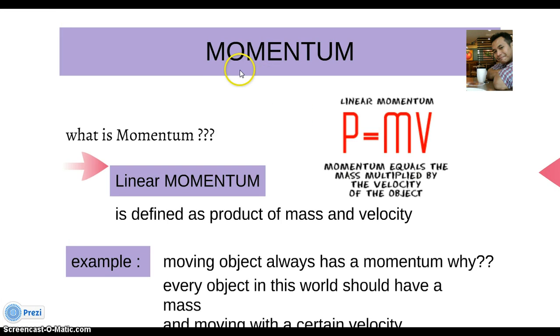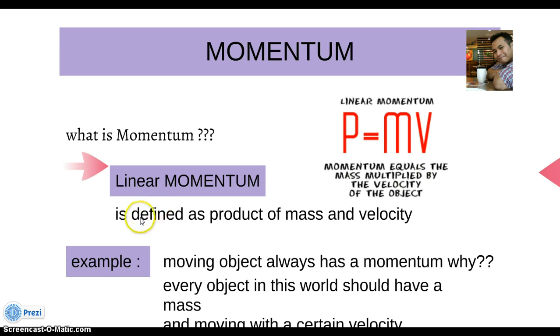Now we have momentum. So what exactly does momentum mean? In our syllabus we learn about linear momentum. The formula is P equals mv, where m is mass and v is velocity.